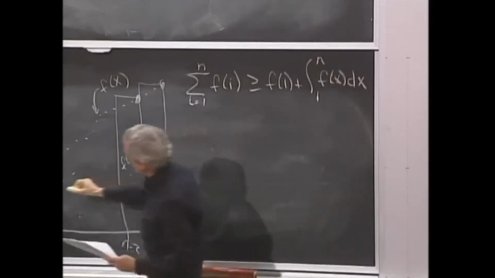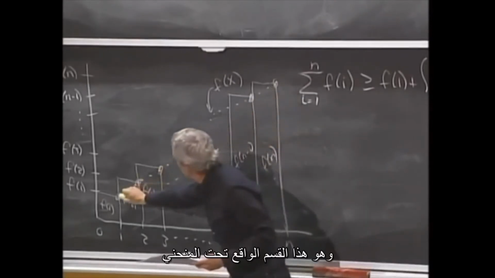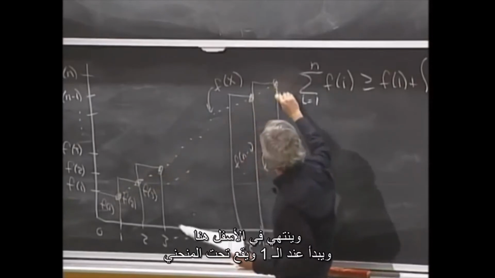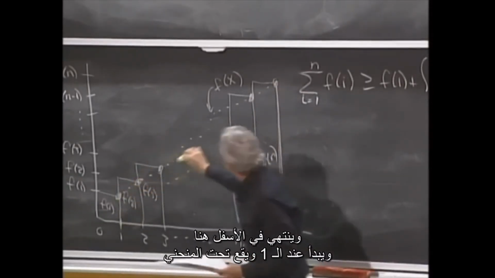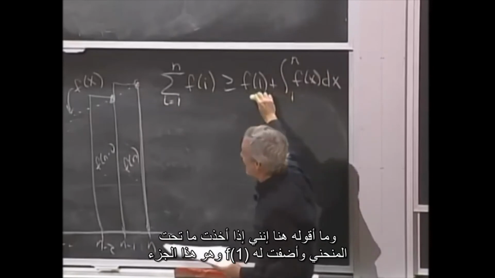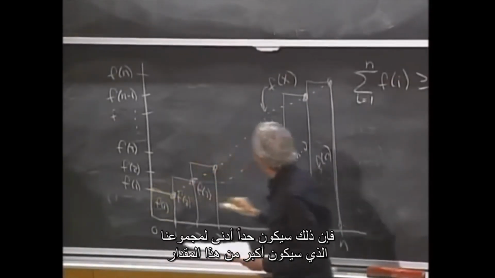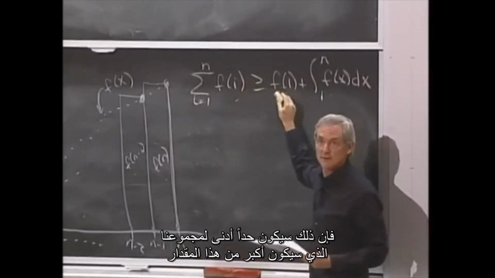Now the integral from 1 to n of f of x is the stuff under the curve. It starts at 1, and it's the stuff under the curve. And what I'm saying here is that if you take that stuff under the curve and add f of 1, which is this piece, that's a lower bound on our sum. The sum's bigger than that.